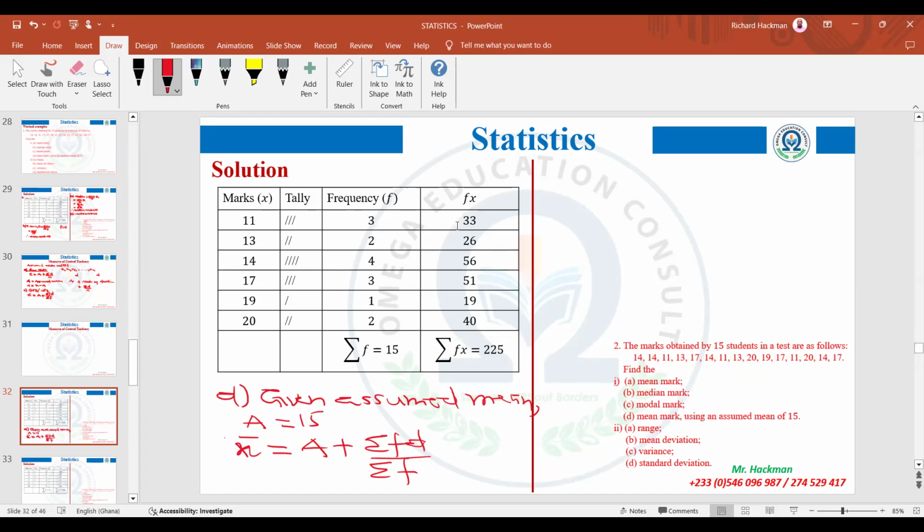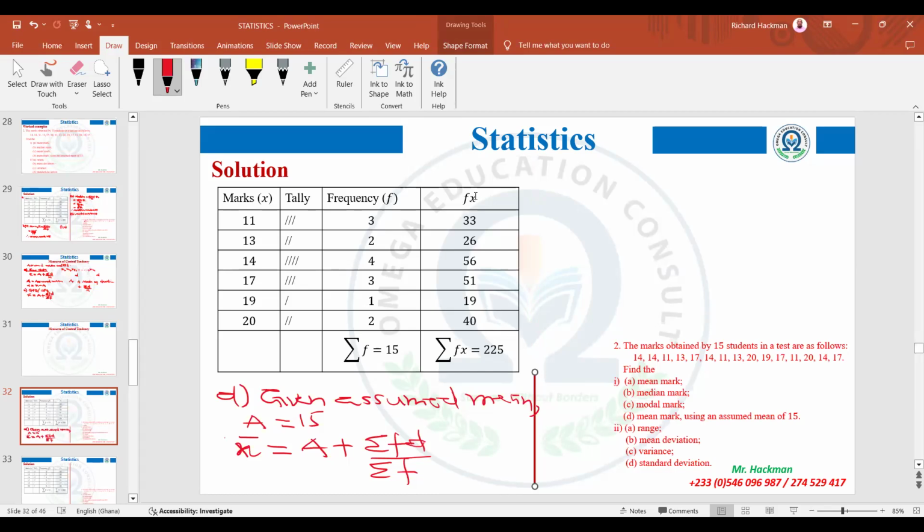Where we know that D will be equal to X minus A. Sigma F is already here. Before you can find the sum of FD, you need to create a column for the D, because D will also come from a certain calculation, which is X minus A. So we need to go and create a column for D. I am going to introduce extra columns here, so I'm creating room.